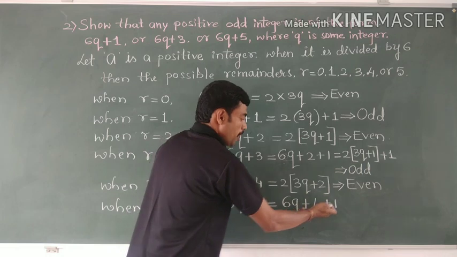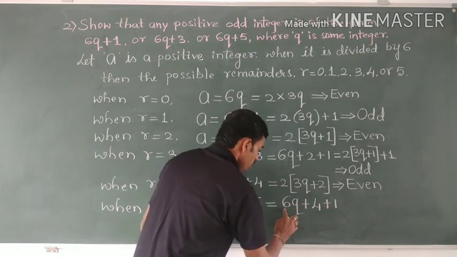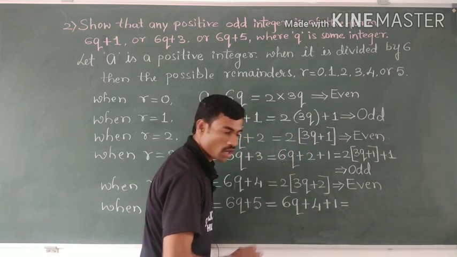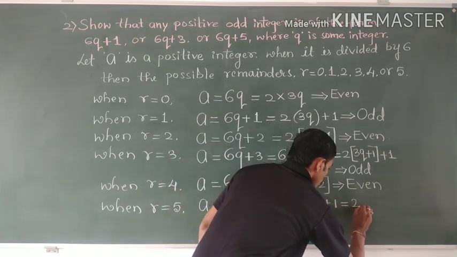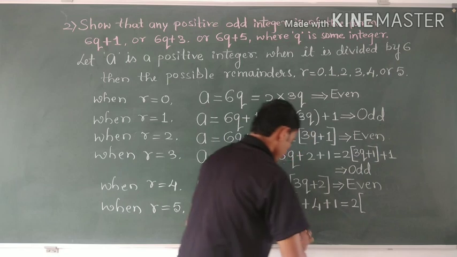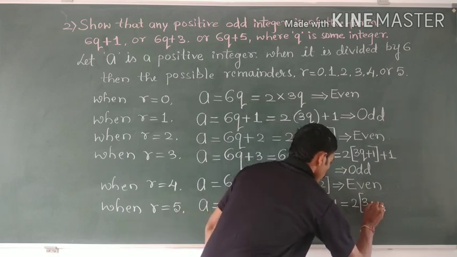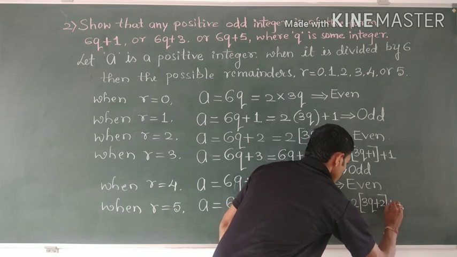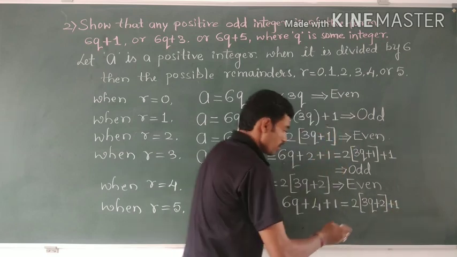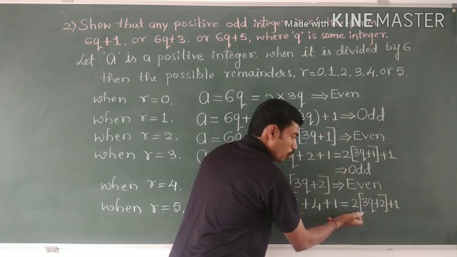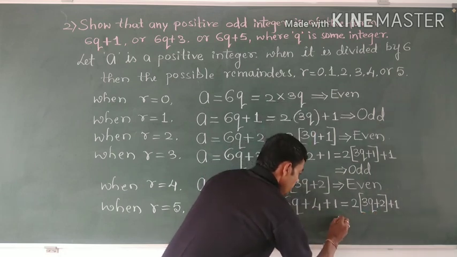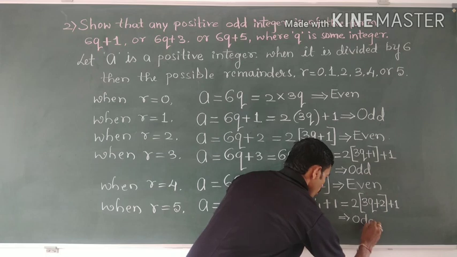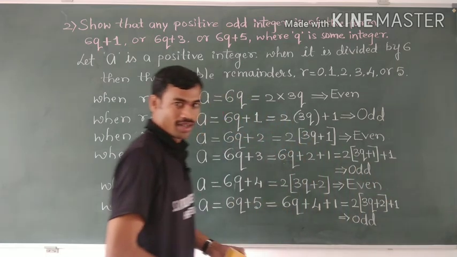Then in these two terms, what is the common factor? 2 is a common factor. So 2 you take outside, that is 3q plus 2 plus 1. So it is a multiple of 2 plus 1. Then easily we can say that it is an odd positive integer.